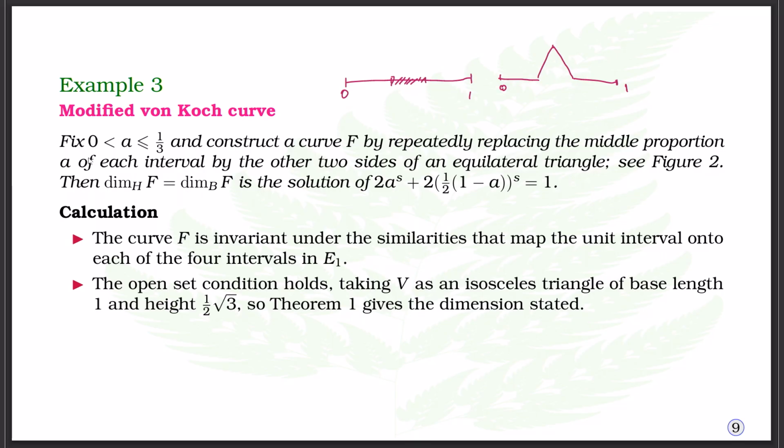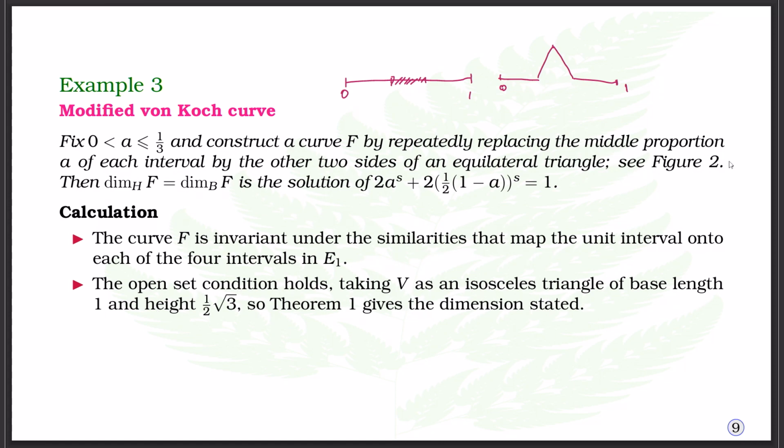Now fix a value a which is greater than 0 and less than or equal to 1 by 3 and construct a curve F by repeatedly replacing the middle portion a of each interval by the other two sides of an equilateral triangle.